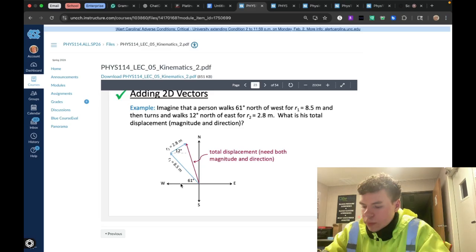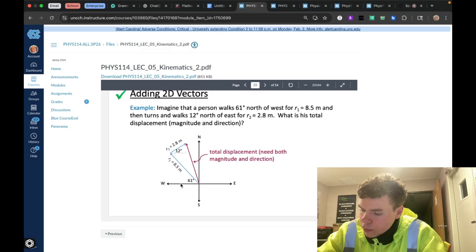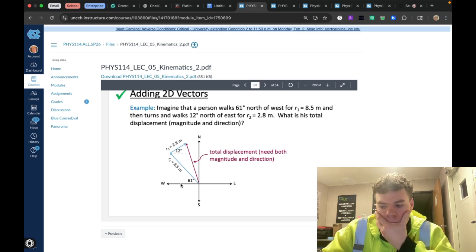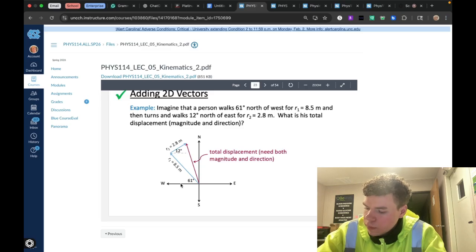So maybe if I can even create a picture here: north of west, south of west, north of east, and then south of east. And that's what you would measure from.